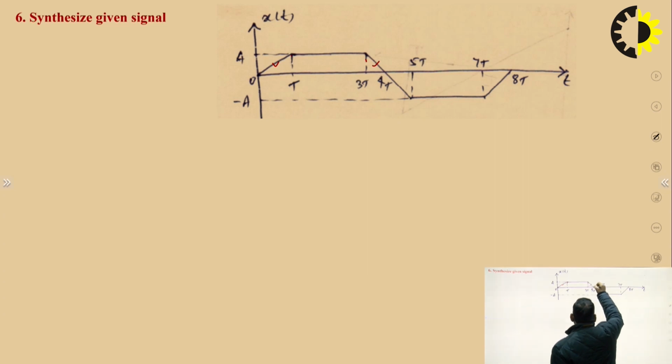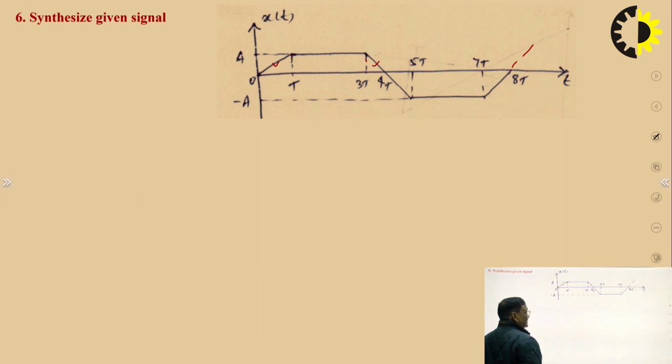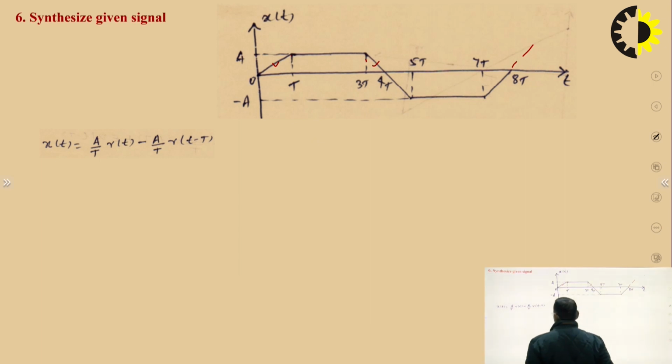So add a negative here, then add positive here, again positive here, and again at t is equal to 4t, we deduct a ramp. So this is A by t r(t) minus A by t r(t minus t). So basically this is the equation of this line.